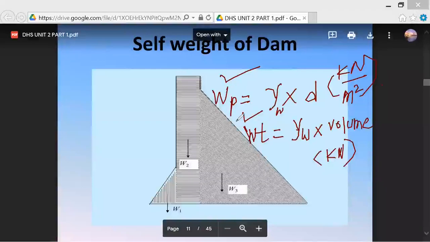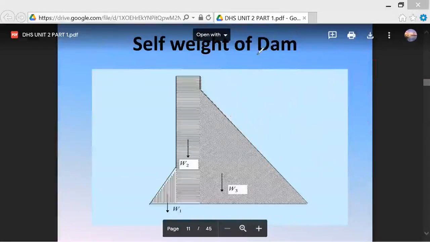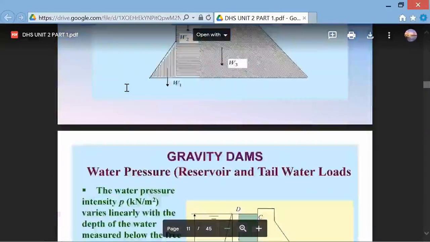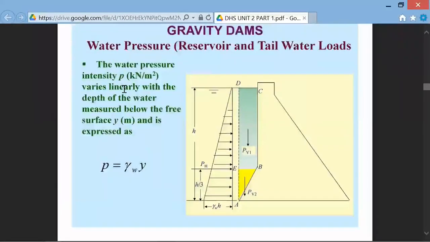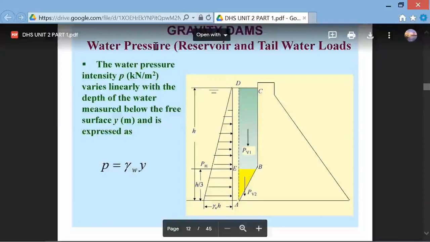So these two formulas are different. Now I have explained exactly the same thing about this water pressure.